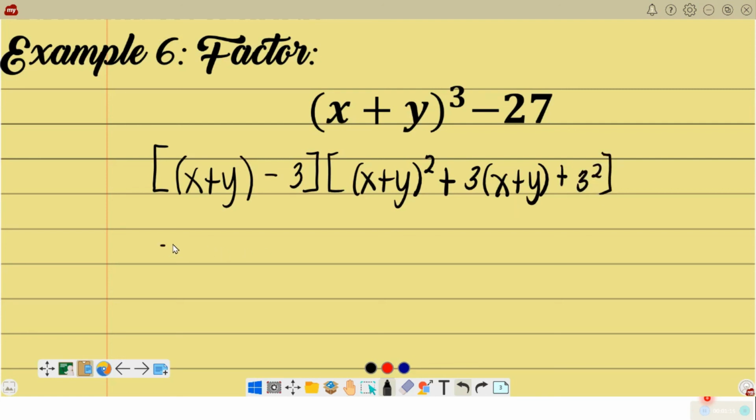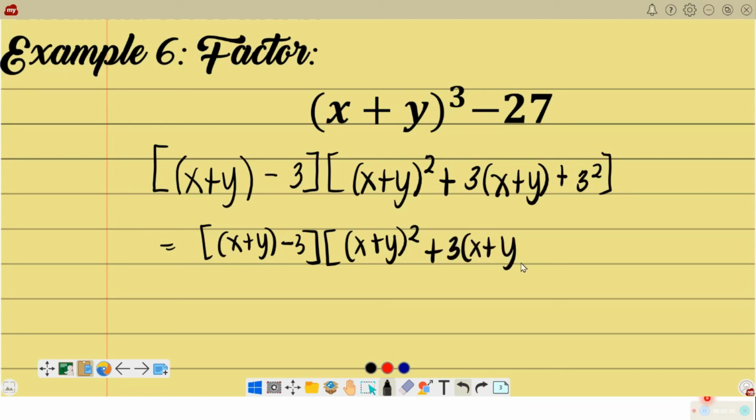So, we can rewrite this into the quantity of x plus y minus 3 multiplied to the quantity of x plus y squared. For this, we don't need to multiply anymore. So, just copy, and then get the square of 3, that is 9. So this will be the final answer for our last example.